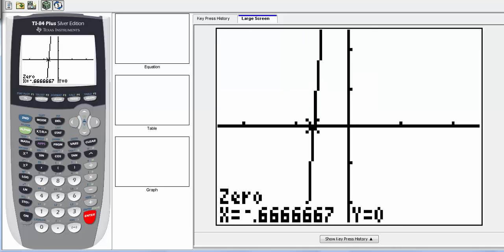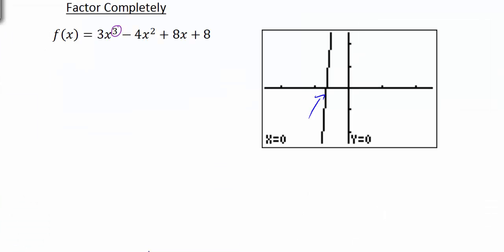And notice we get a negative 0.6 repeating. Okay, so that means that our zero here is a negative 0.6 that's repeating. And a negative 0.6 that repeats is really going to be a negative 2/3. And that means that x equals a negative 2/3 is one of our zeros.